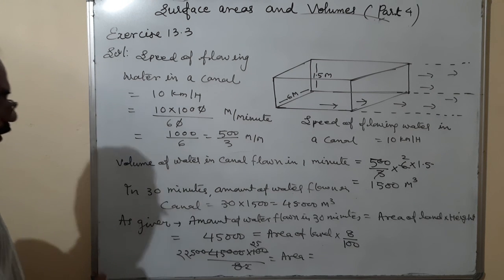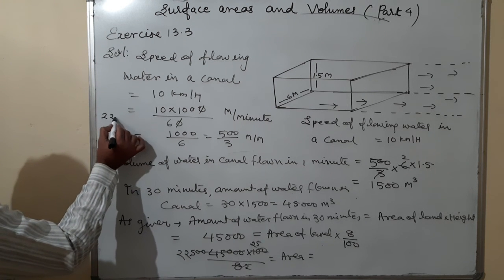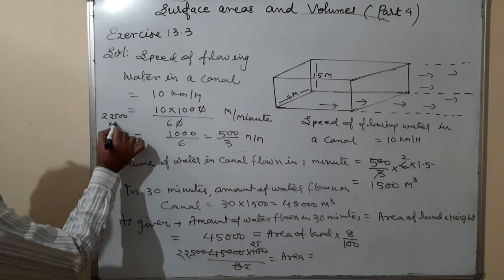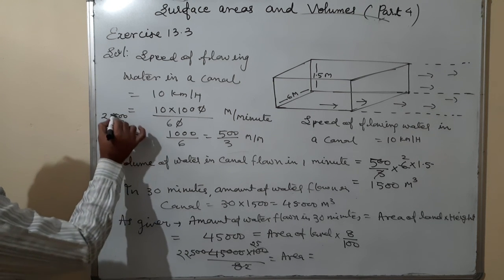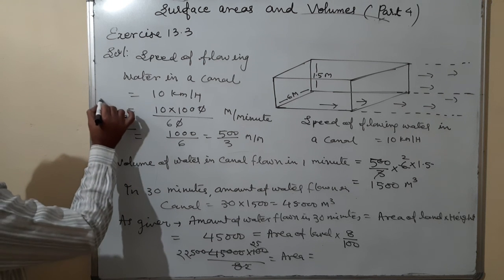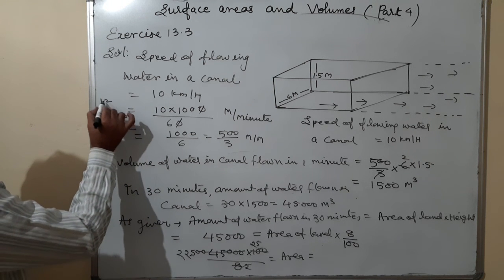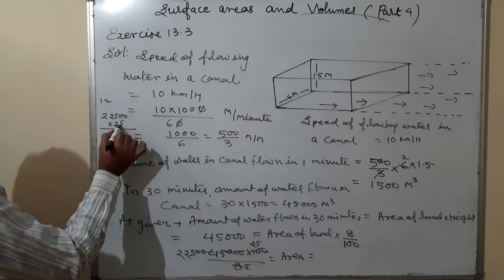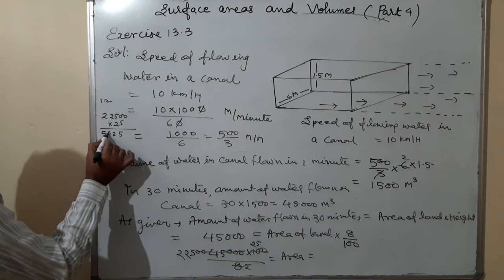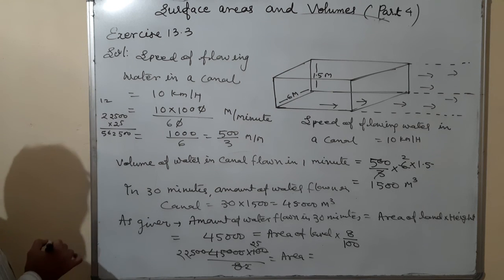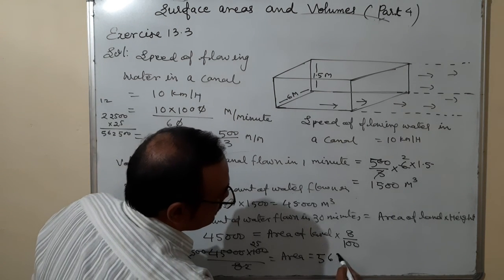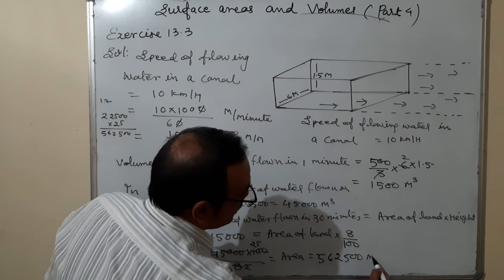22,500 multiplied by 25. 25 5s are 125, 25 2s are 50, and 12 makes 62, so 562500 meter square.